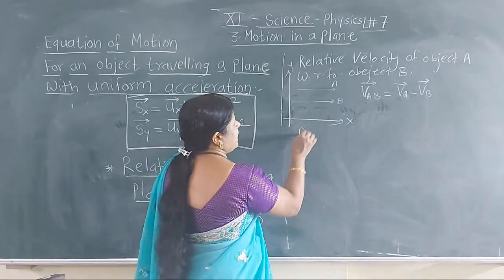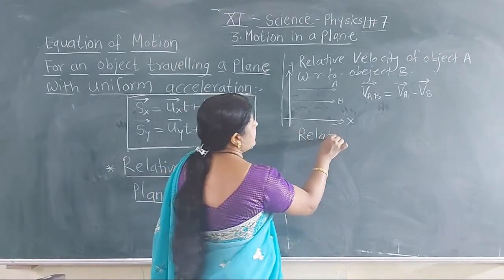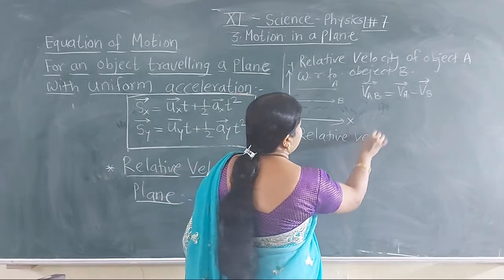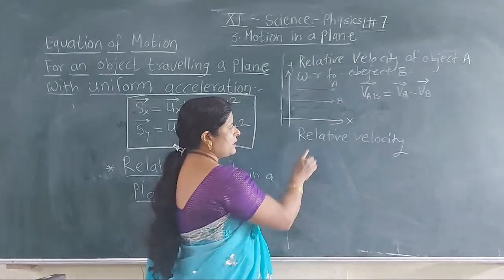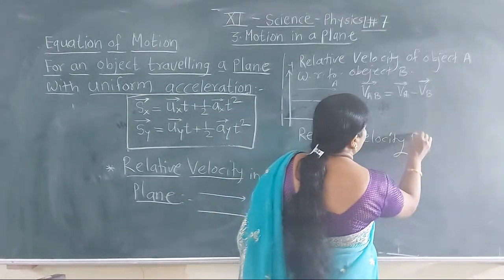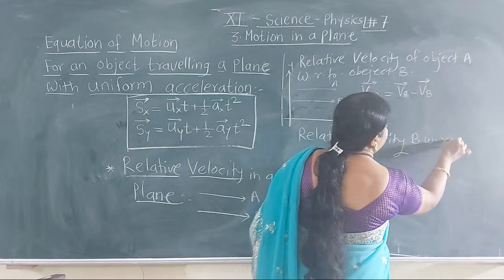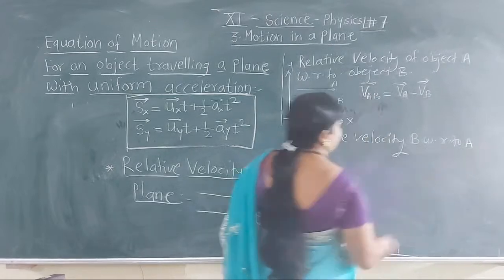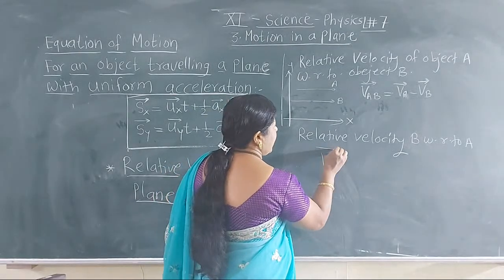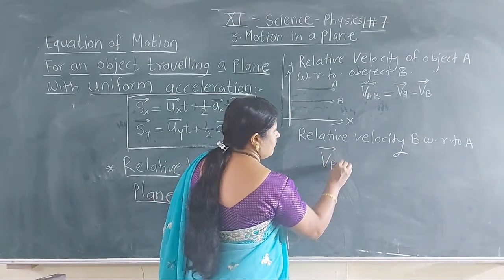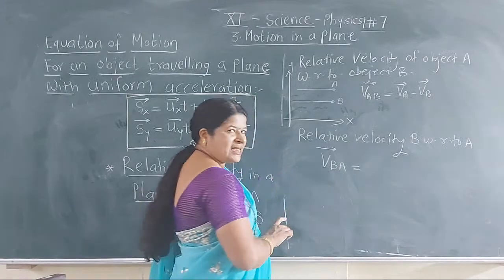If we want to find out the relative velocity of B with respect to A, then in a formula we can write this relation as vector VBA.